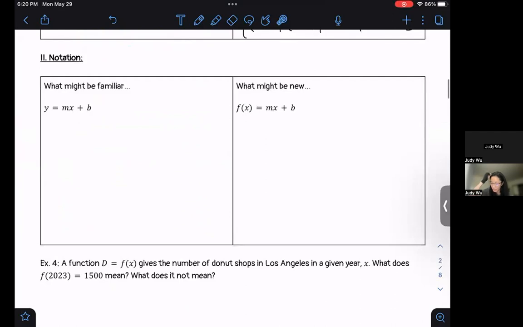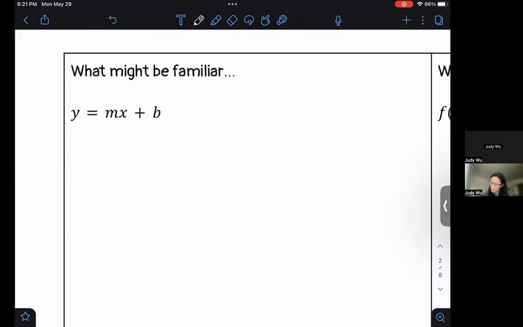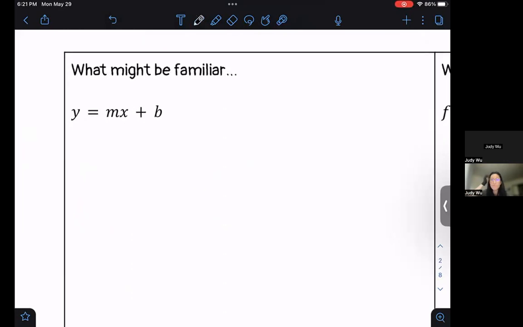All right, so another important thing for us to talk about is this idea of notation. Being able to write mathematically is a really important skill. So let's start with what might be familiar. Something that might be familiar to us is this equation y equals mx plus b, right?